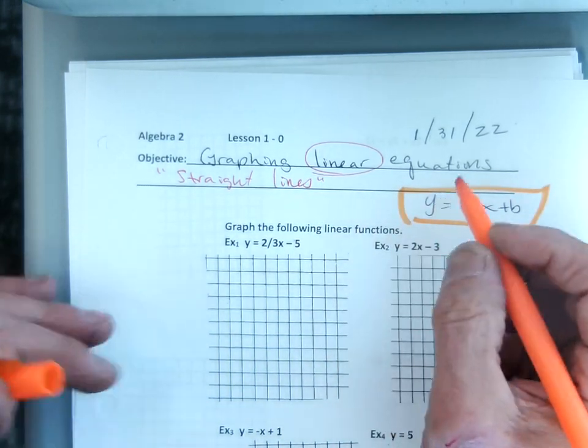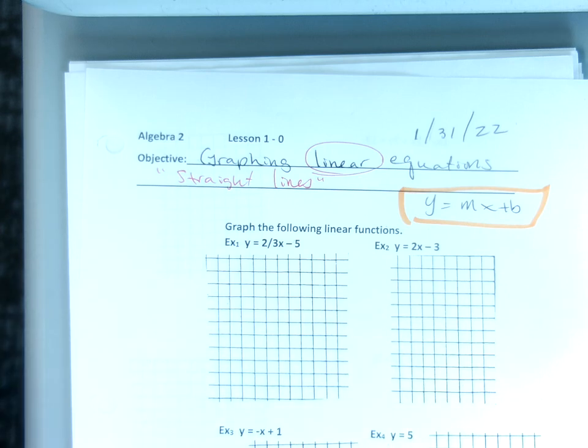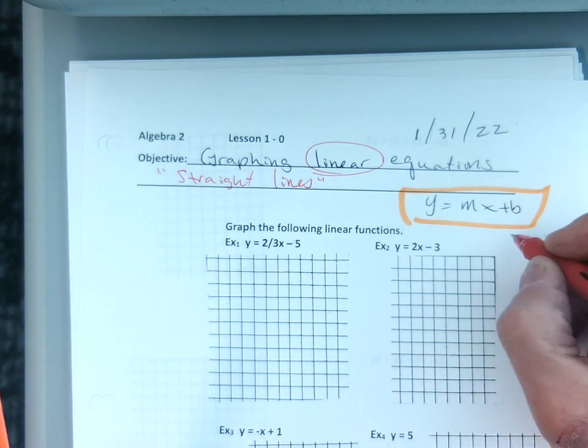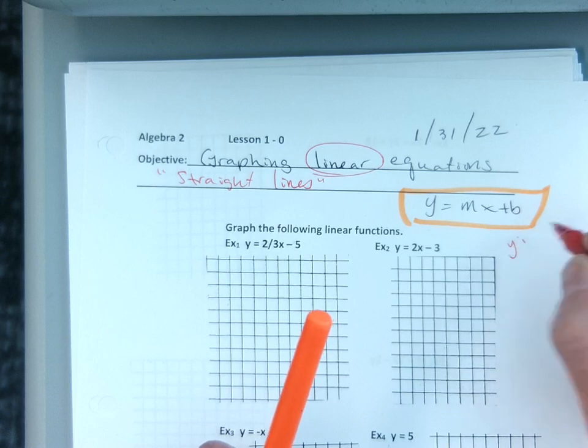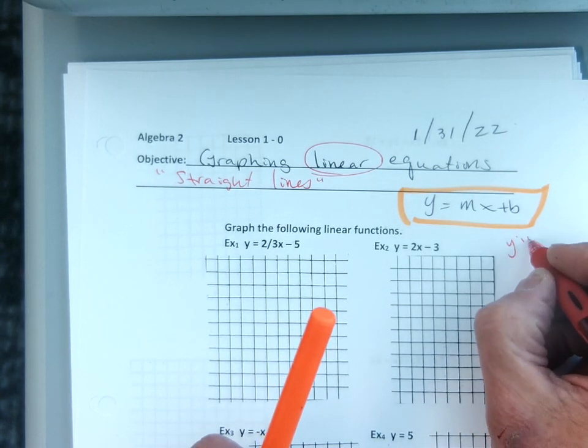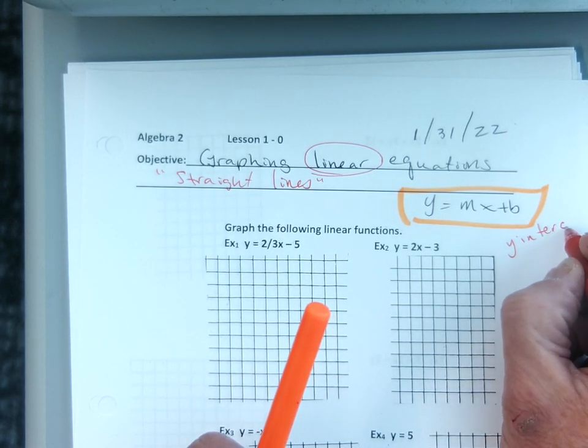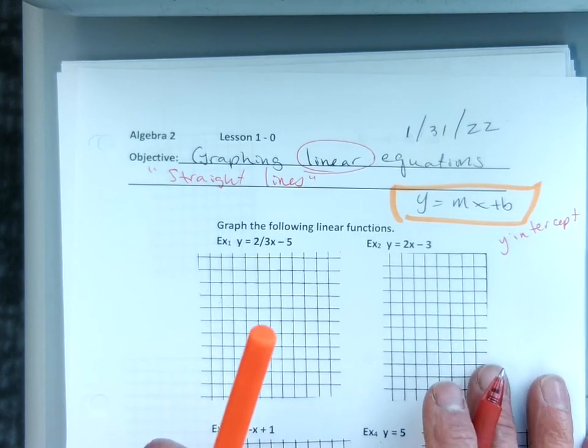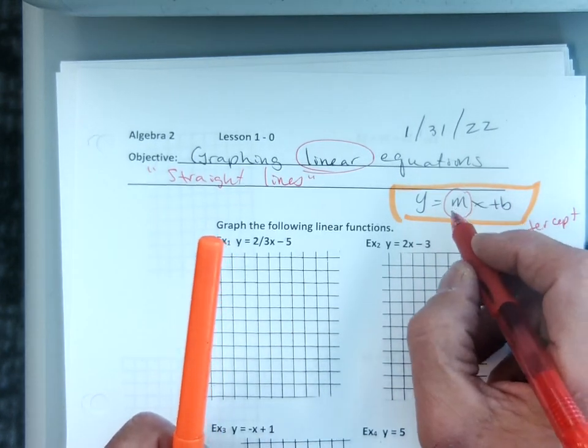Y equals mx plus b. It makes graphing lines easy. This number, the b, is our y-intercept. And the m is our slope.